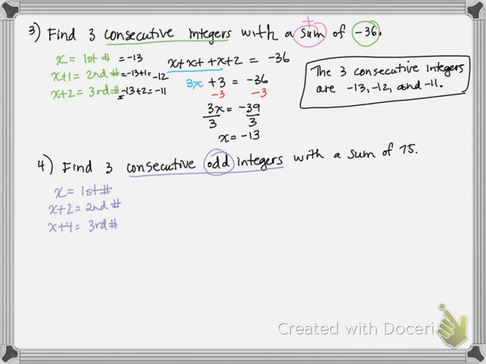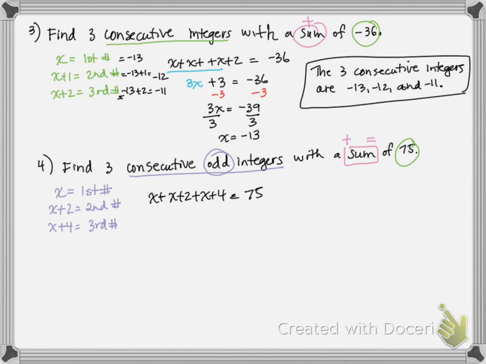We do have a sum, which actually tells me 2 things. It tells me I'm adding, and it tells me equals. And then we do have an extra number, 75. So, here's my problem. The sum of x and x plus 2 and x plus 4 is equal to 75.